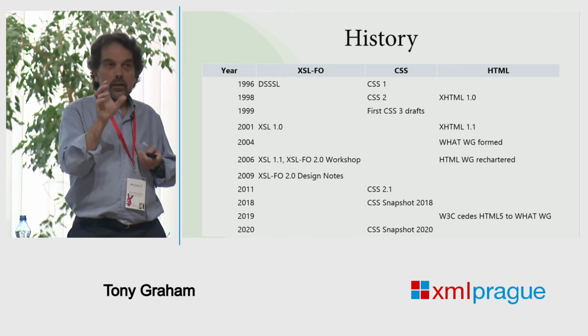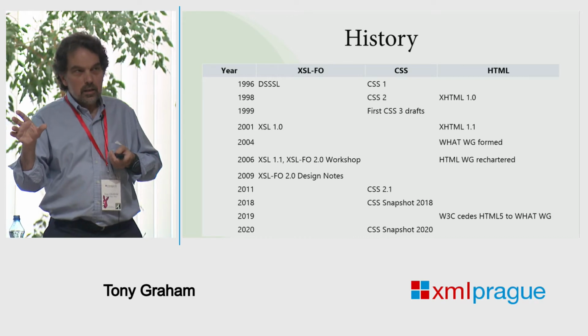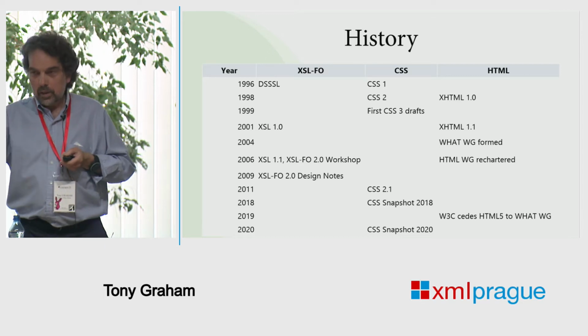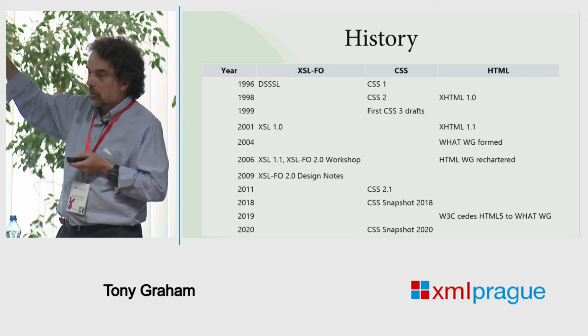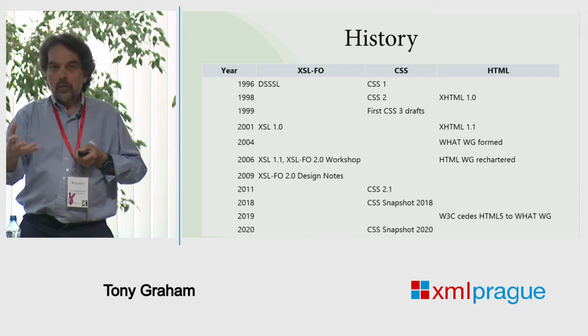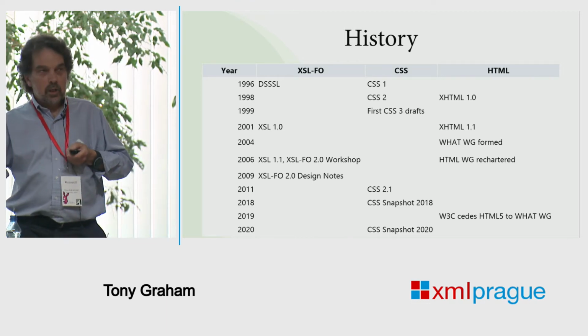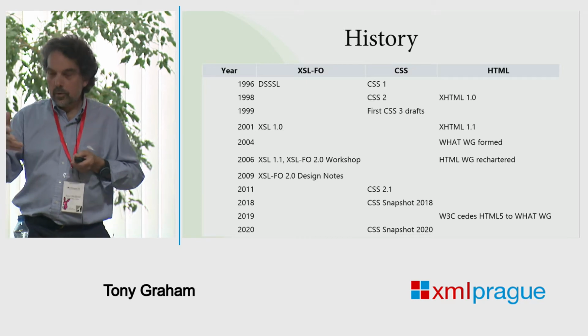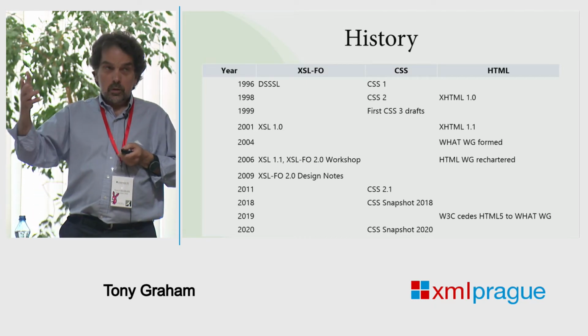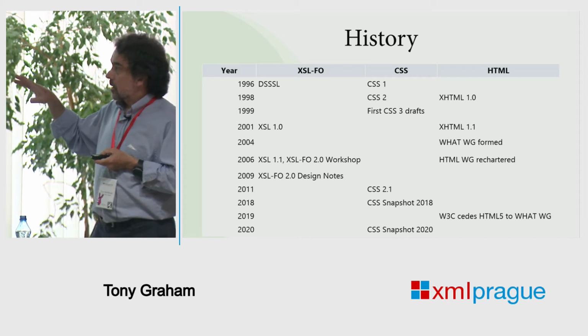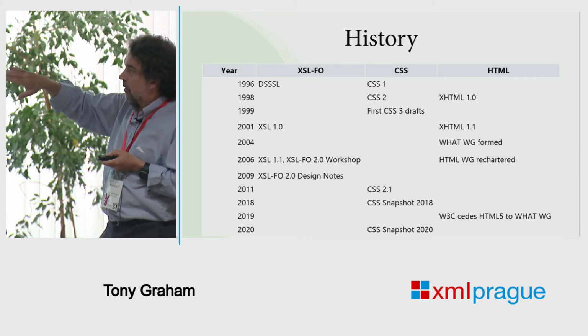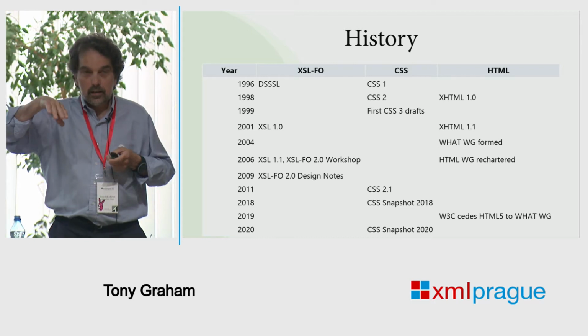So you'll find that CSS and XSL-FO, for the properties that were defined when they were both still being worked on, if you have the same concept, you use the same property name and the same property values for them. So a border is a border whether it's in CSS or in XSL-FO. XSL 1.1 became a recommendation in 2006.